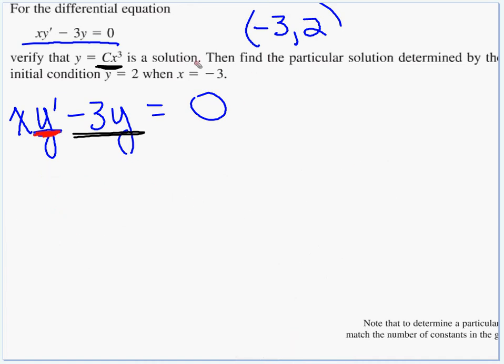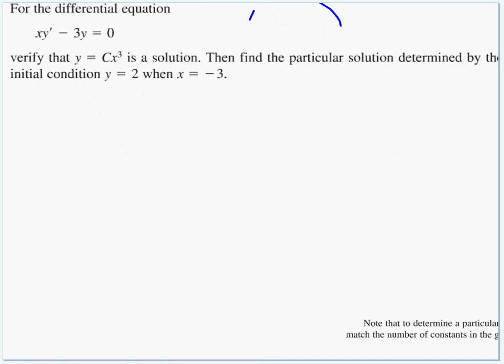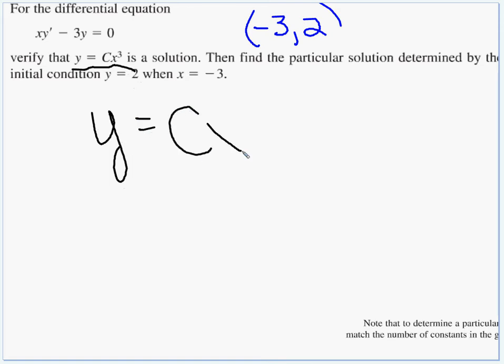Okay, and now it says find the particular solution determined by this given initial condition. So back to here, y equals cx cubed. Well, here they gave us an x and a y value. If we plug those in, the only unknown left will be c.